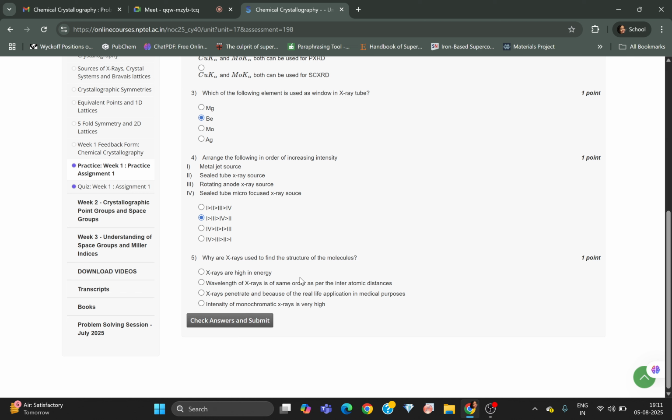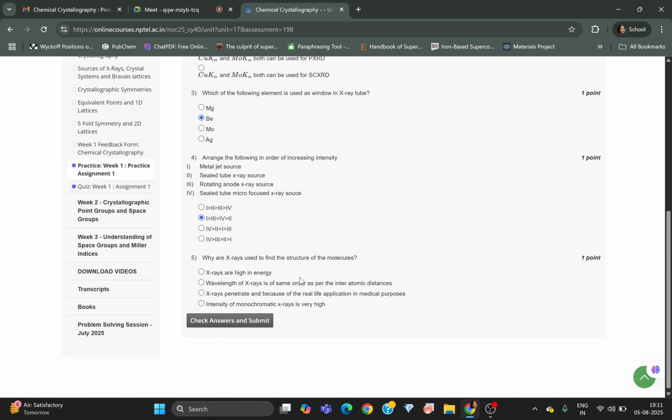So that makes them a good electromagnetic radiation to probe the crystal structure, and we can do diffraction studies where the interference pattern of the scattered X-rays reveals the atomic arrangement, right? In medical applications we also use X-rays.